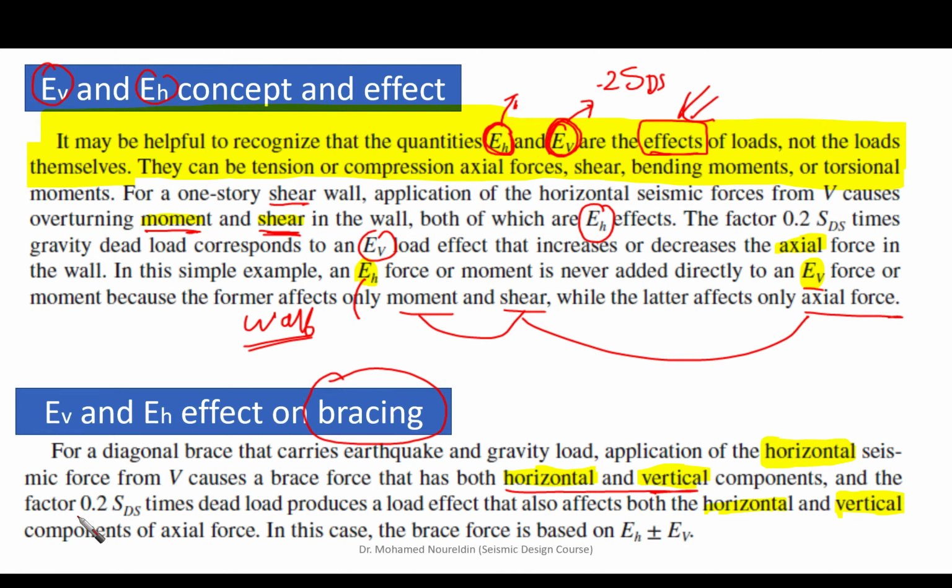And the factor 0.2 SDS, which is the vertical, times the dead load, also has horizontal and vertical components. This means that for bracing, the effects of EH and EV are going to be added together.